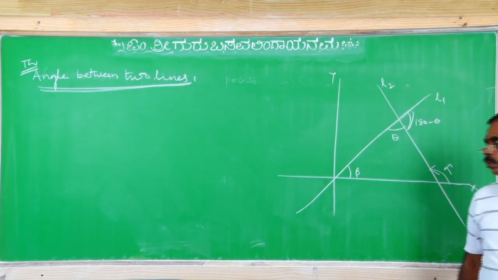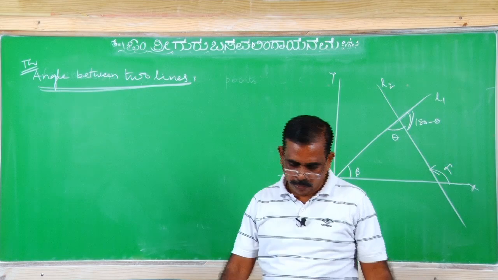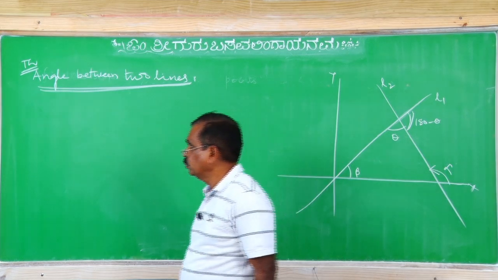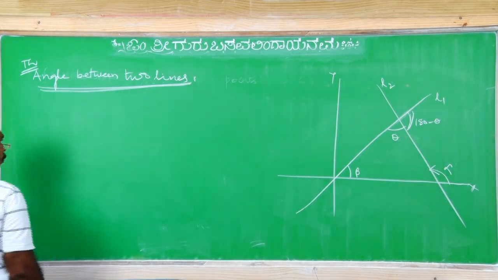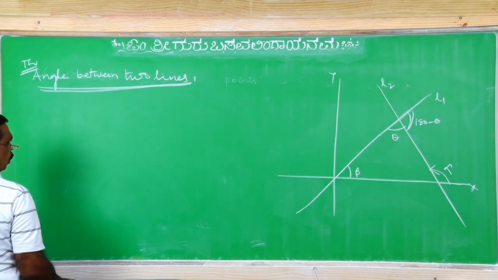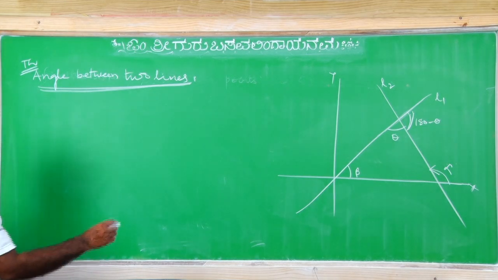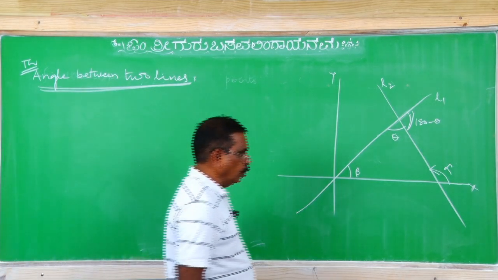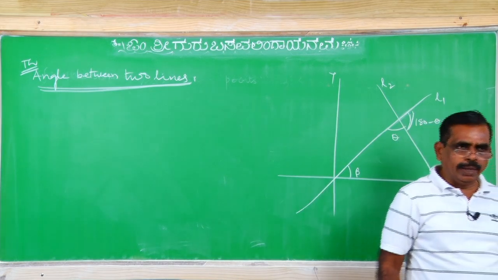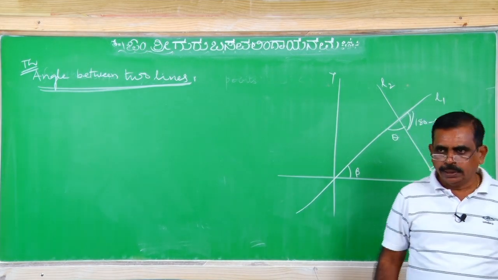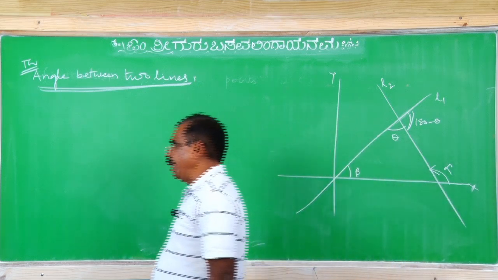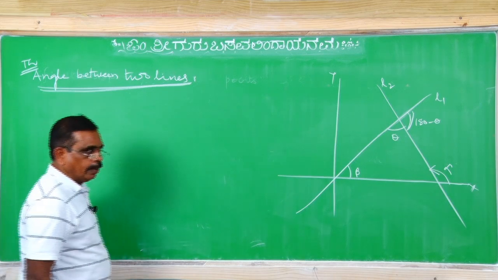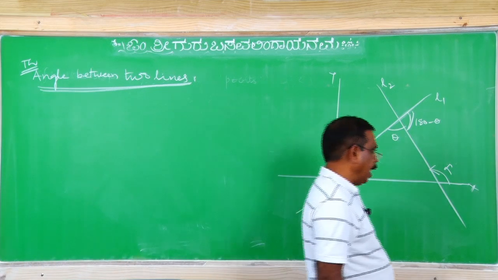Okay. Now, write down theorem. The lines L1 and L2 intersect. The angle between the lines L1 and L2 is theta.